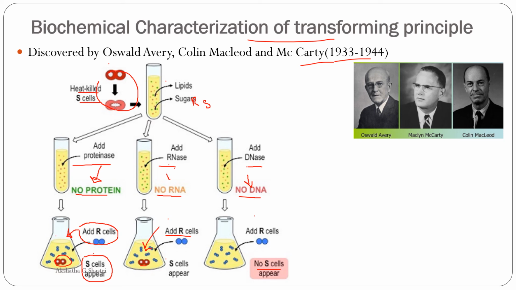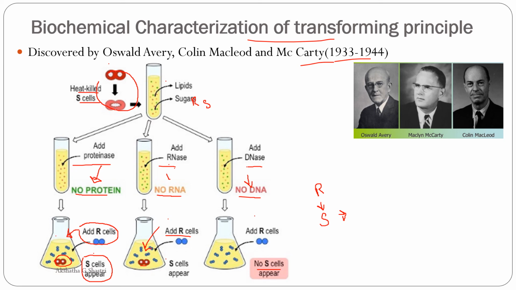These three scientists discovered that the DNA alone from S bacteria caused the R bacteria to become transformed. That is, the DNA is making the non-virulent R into the S. The transformation is due to the DNA. So, they concluded that the DNA is a genetic material.